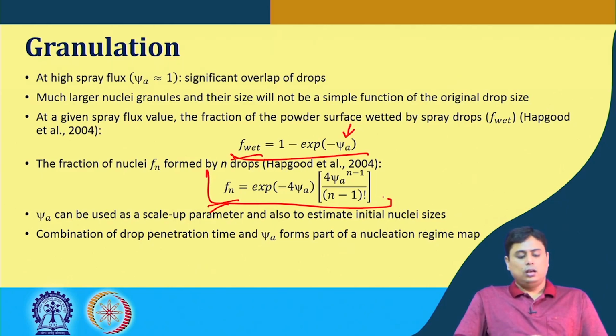So, when one combines this drop penetration time and spray flask, it forms a regime map, a nucleation regime map. That means in which scenario what kind of nucleation would take place, which factor will be dominant, that kind of scenario we call the regime map.